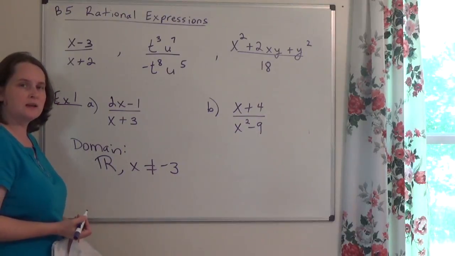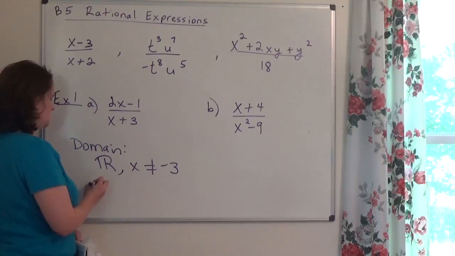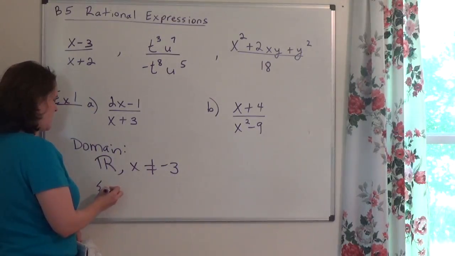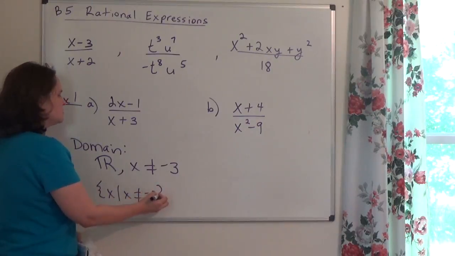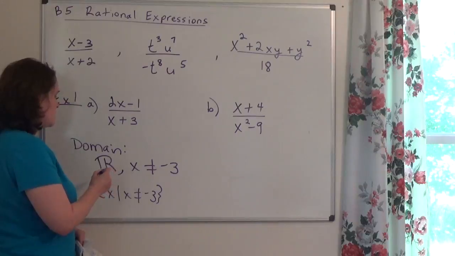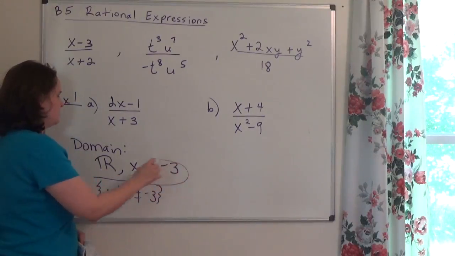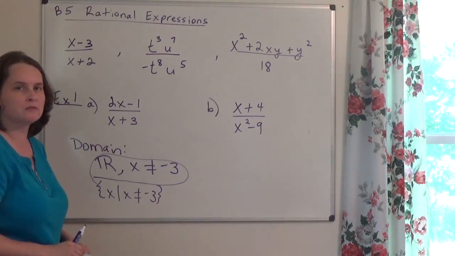You might also at some point need to use set notation to express your answer. If you did, you would just say the set of all elements x such that x does not equal -3. It just depends on which way you're asked to do it in My Math Lab. As far as I'm concerned, this answer is perfectly acceptable. You're telling me that it's all real numbers except x cannot equal -3, and that's good.